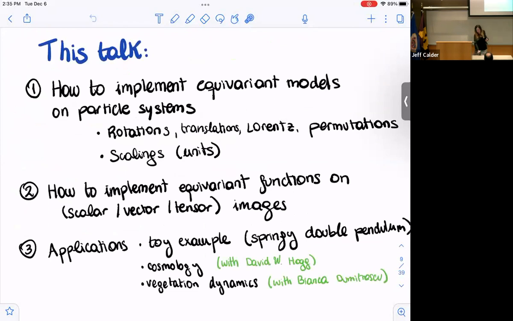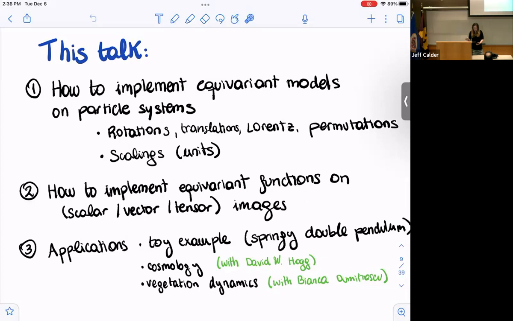In this talk, I'm going to explain how to implement equivariant models on particle systems, in particular with respect to simple groups like rotations and Lorentz groups, and also some other groups like scalings and permutations.